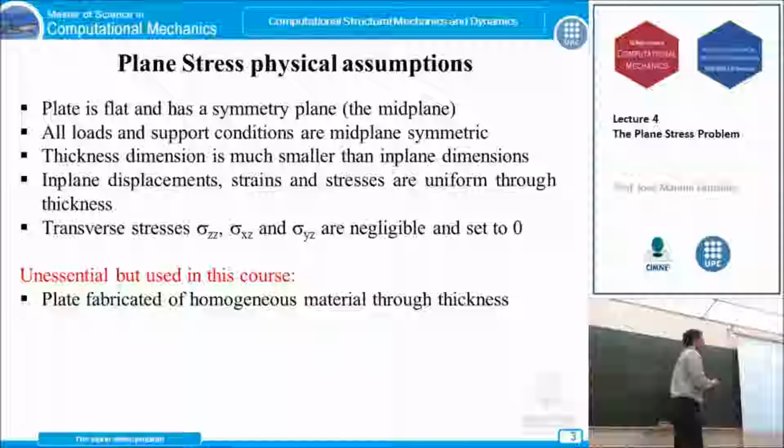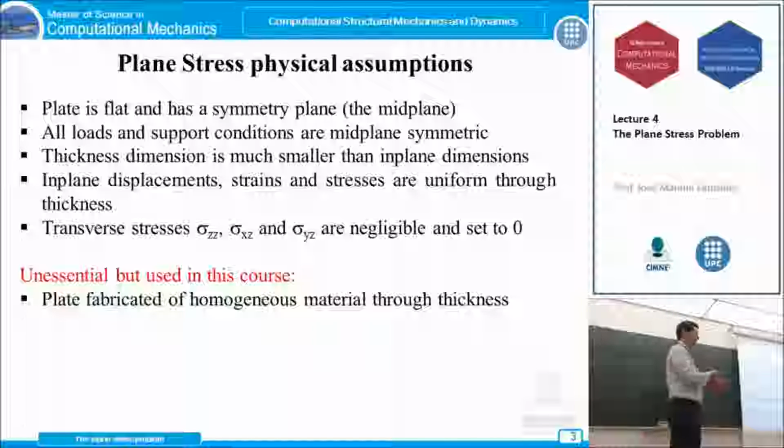So we're going to make some physical assumptions to consider our problem as a plane stress problem. For example, we consider this plane is flat, and this mid-plane is a symmetry plane for the thickness. So the geometry is symmetric with respect to this mid-plane. The loads and the support conditions and everything are symmetric with respect to this mid-plane.